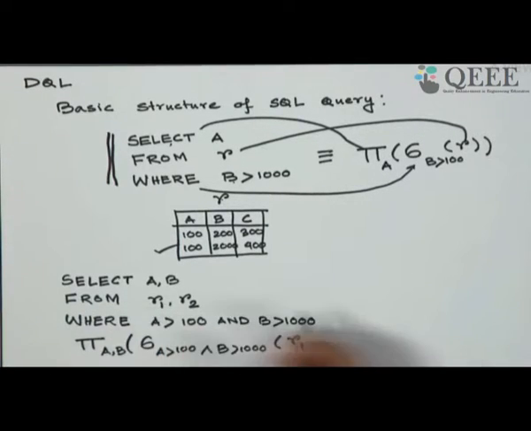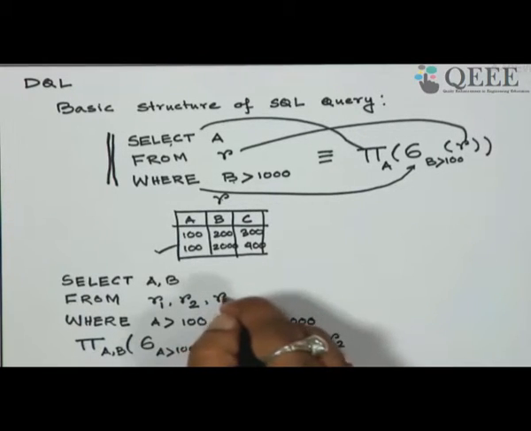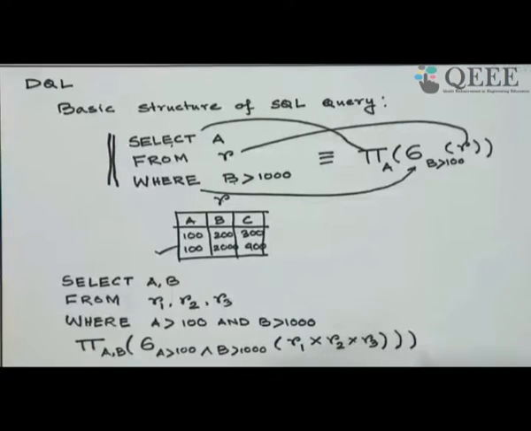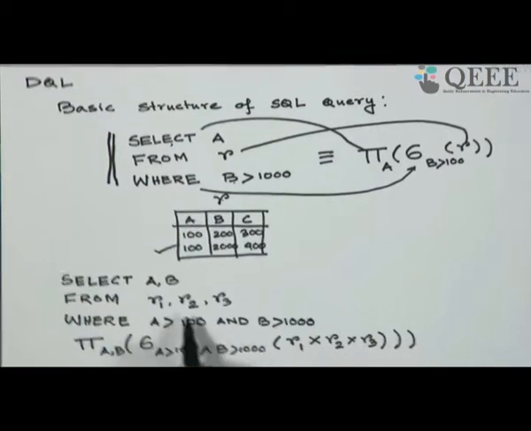So all these would appear as a Cartesian product. If you add more, it's the Cartesian product. So this is equivalent to this: select this condition from this Cartesian product of all these three.